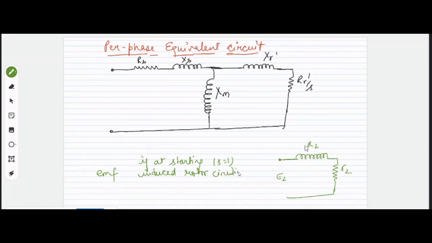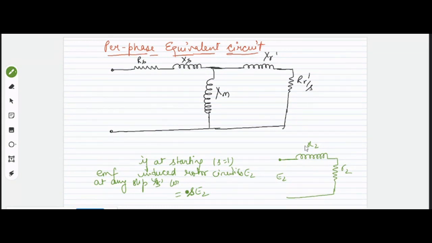Now tell me, at any slip S, what will be the value of EMF induced? It will be equal to S times E2. Yes or no? Yes sir. It will be S times E2.